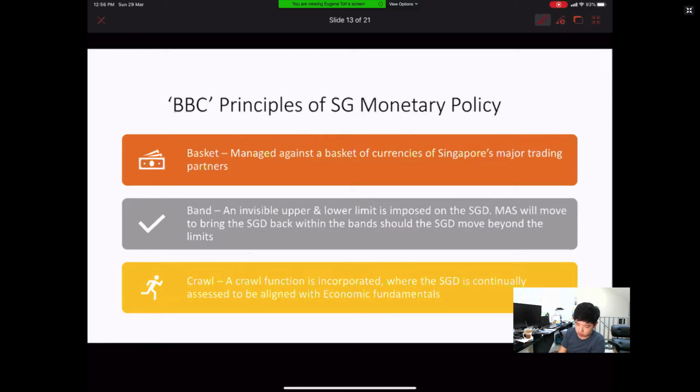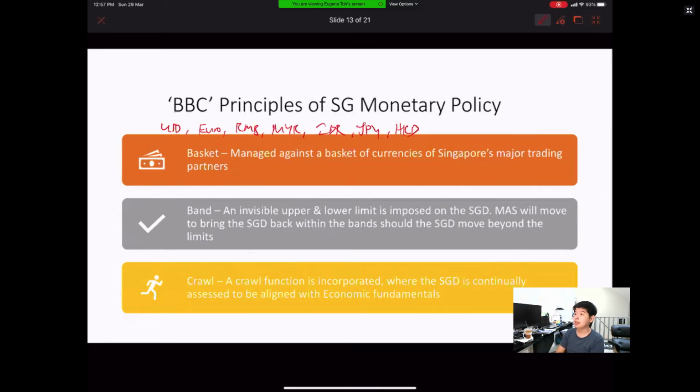These currencies will clearly include the US dollar, the euro, the renminbi, the Malaysian ringgit, the Indonesian rupiah, the Japanese yen, the Hong Kong dollar. These are all either our major trading partners or major economic competitors, so we will likely be managing our currency against these major currencies.